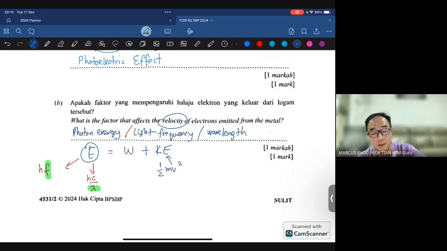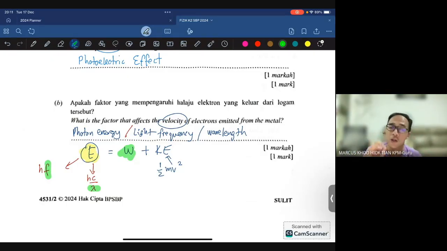Remember Einstein's photoelectric theory says that the light shining on the metal has energy. I'm going to use yellow color lah. The light has energy and then some of the energy digunakan untuk membebaskan itu electron, which is the work function. The work function is used to release the electrons.